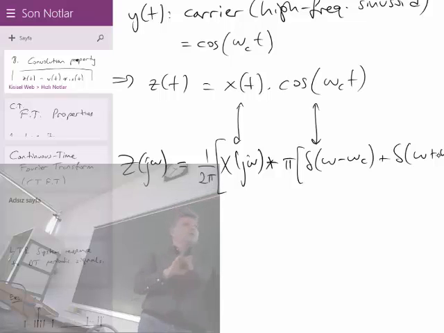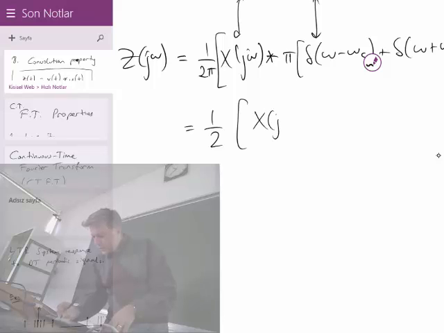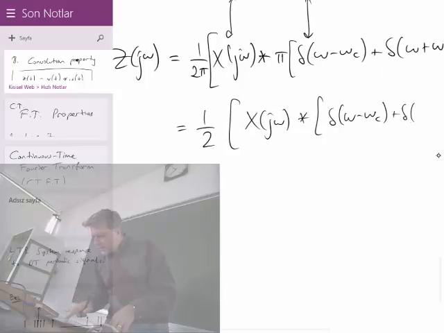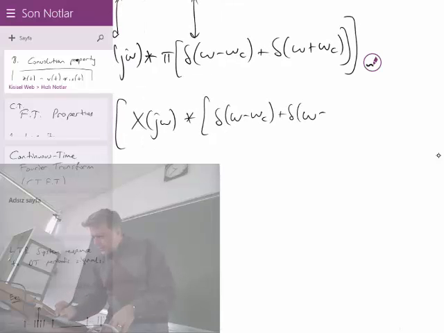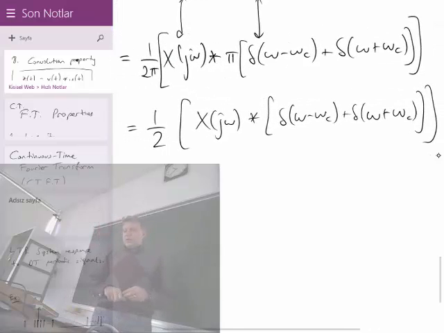When they cancel, only 1 over 2 will come into the picture, and it will be 1 over 2 X of j omega convolved with an impulse at omega c and an impulse at minus omega c. So I need to perform this convolution.